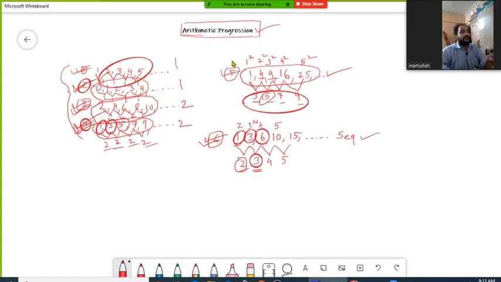Here the difference is 3, here the difference is 4, here the difference is 5. So this series of numbers can be called a sequence, but it is not an arithmetic progression. Because for being an arithmetic progression, the difference between any two consecutive terms should be constant. Is it clear, everybody?